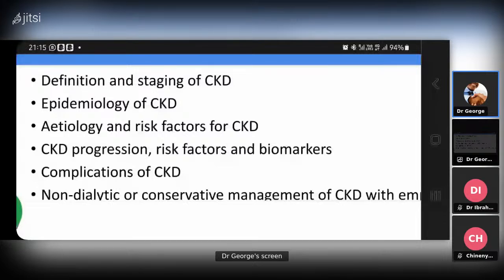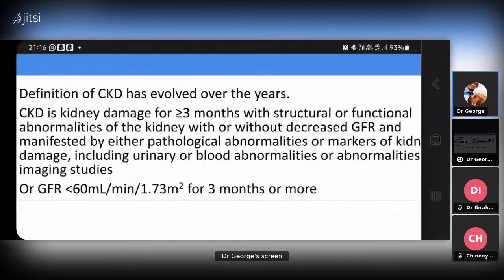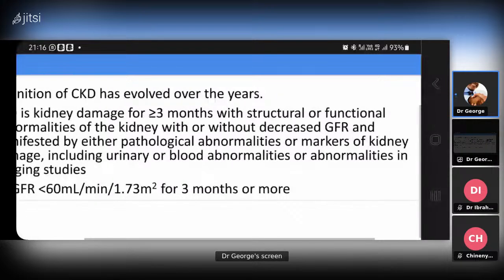So let's look at it now. CKD is kidney damage for greater than or equal to 3 months with structural and/or functional abnormalities of the kidney, with or without decreased GFR, and manifested by either pathological abnormalities or markers of kidney damage, including urinary or blood abnormalities, or abnormalities in imaging.